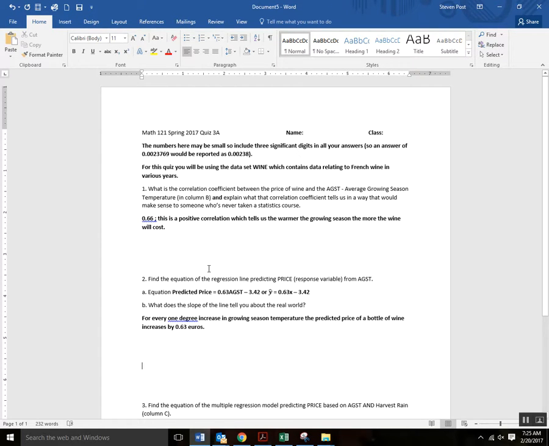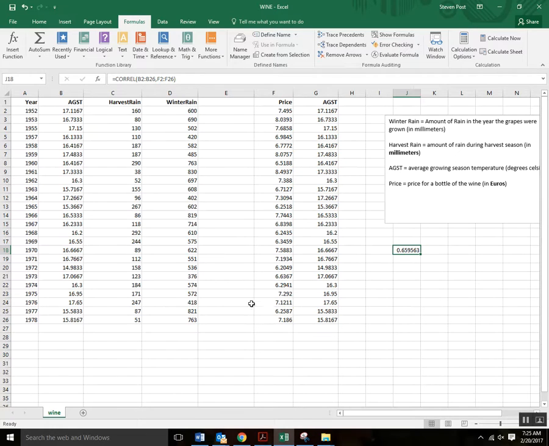Then it says, find the equation of the regression line predicting price from AGST. So how do we find the equation for the regression line? Well, we need to make a scatter plot. And remember, when we make a scatter plot, x comes before y. The explanatory variable, the thing we're using to predict, comes before the response variable, the thing we want to predict. So we want to predict the price.